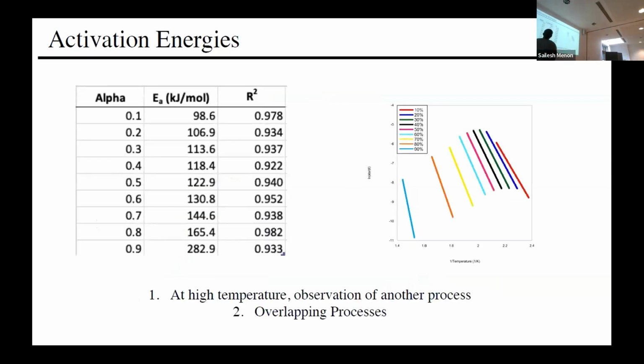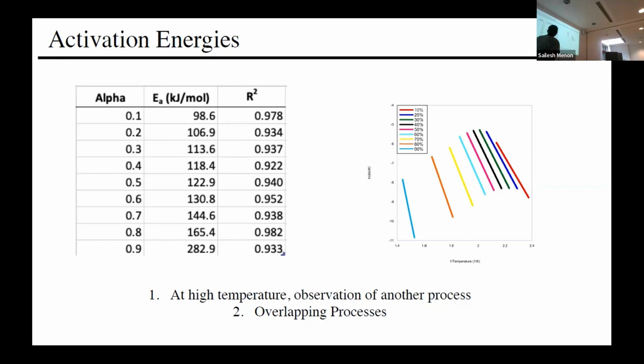Here we have our degrees of conversion and the activation energies calculated from each one of these.